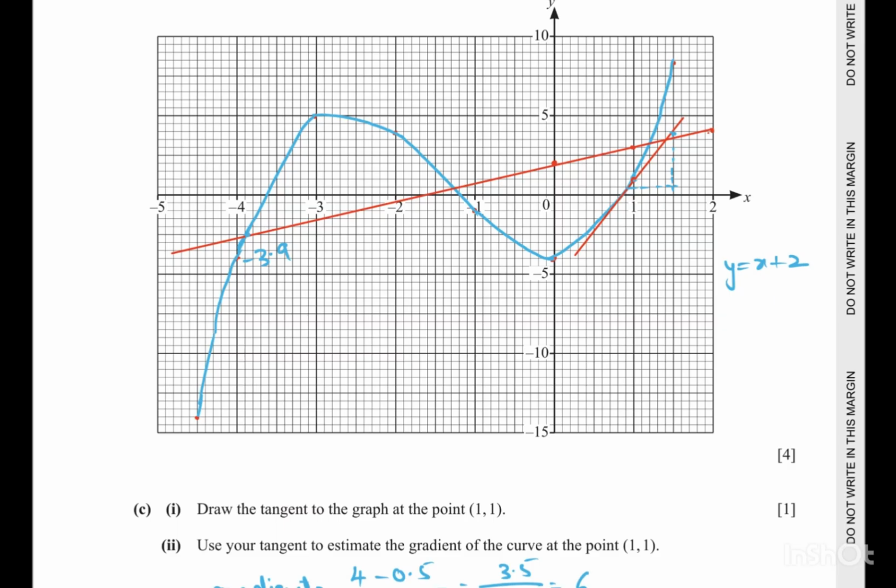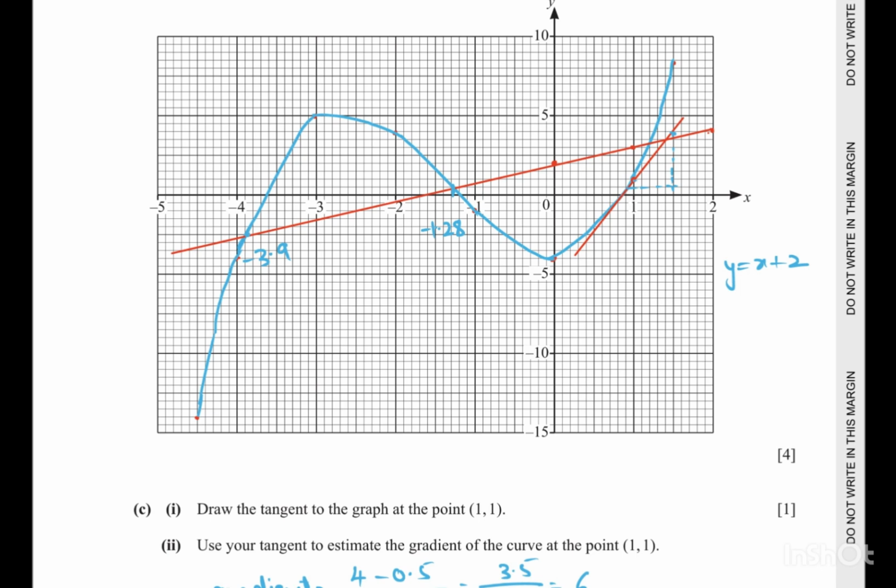Next is this point, which is minus 1.28 we can say.